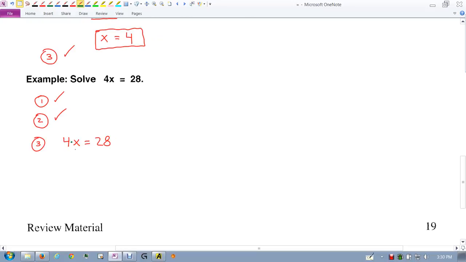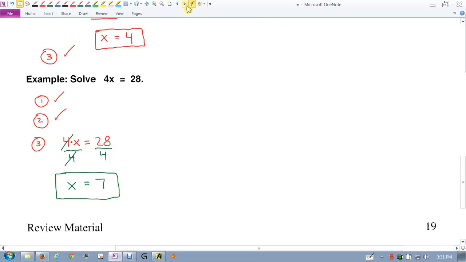So I'm going to divide both sides here by 4. And the 4 over 4 becomes a 1, so that's really like a 1x, so I'll just write x. On the right side, 28 divided by 4 is 7. And that's it. And again, we can check the answer. 4 times 7 is 28. These are very basic linear equations here.